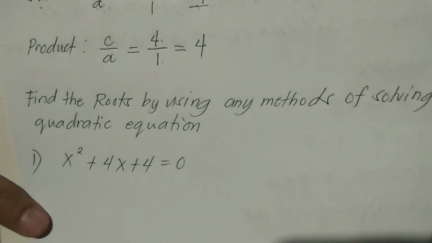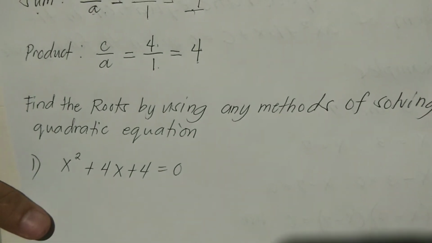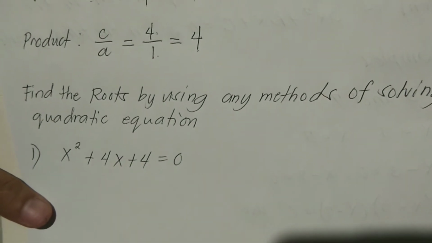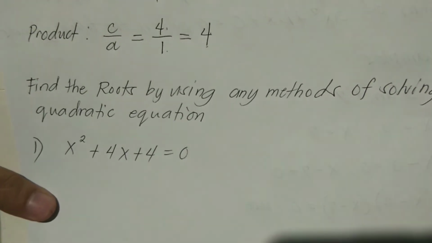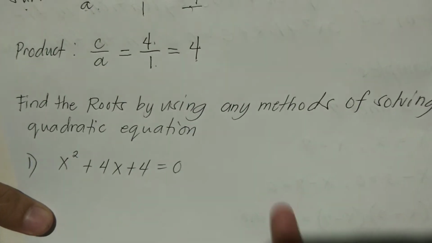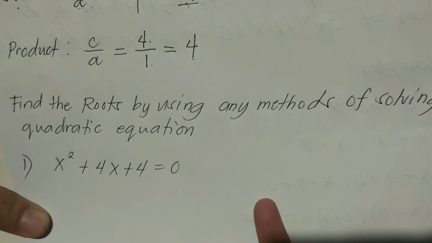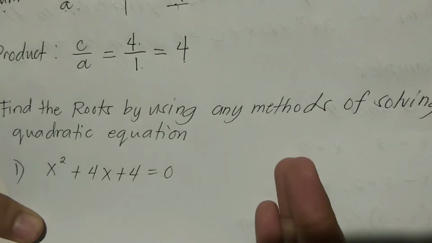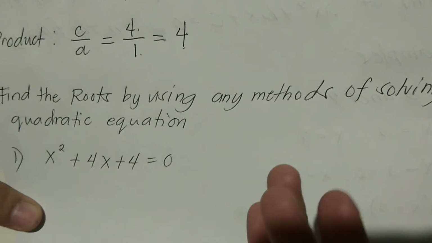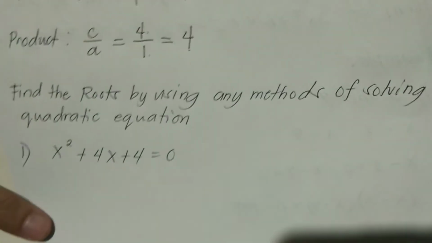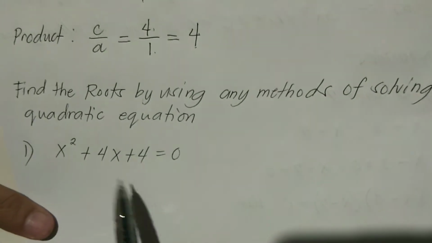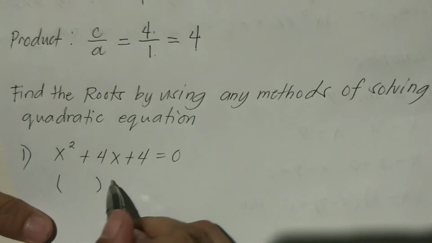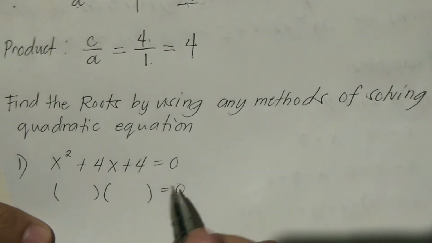So, pipili na naman po kayo kung anong gusto nyong methods of solving quadratic equation. You can use the quadratic formula, factoring, completing the square, and extracting the square root. For this example, gagamit po ulit ako ng factoring.